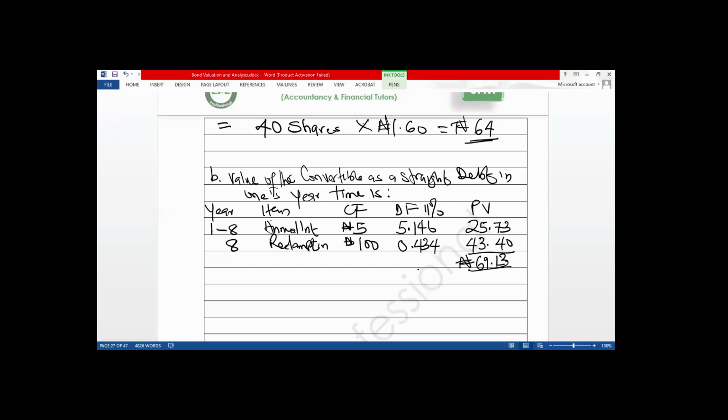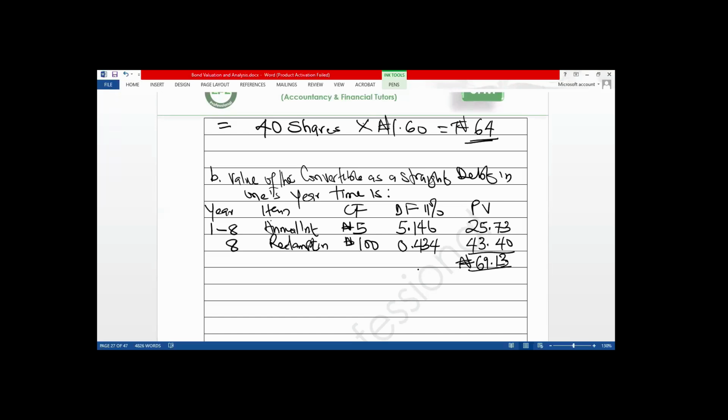That means for me to be motivated to convert my debt to equity, let me repeat that. The value of the convertible as a straight debt in 1 year's time is 69 naira 13 kobo.